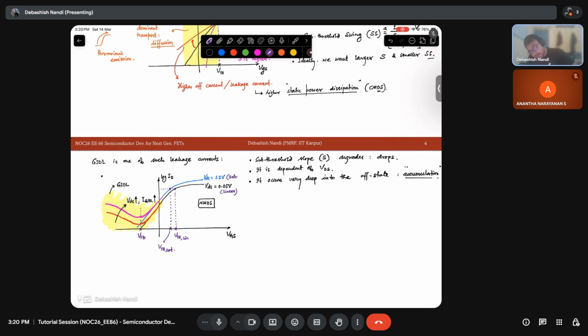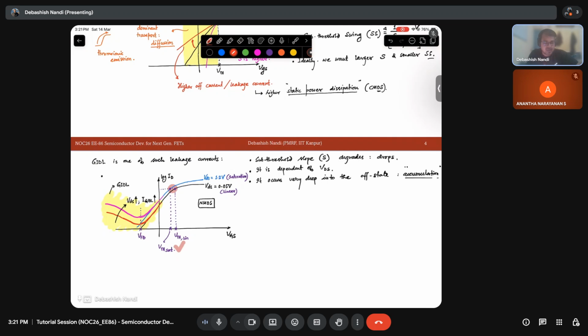Any comment? Due to which effect do I get this threshold shift? We have discussed this in the last session, right? There is no temperature variation; I am varying my VDS. So I am having a threshold voltage shift due to VDS.